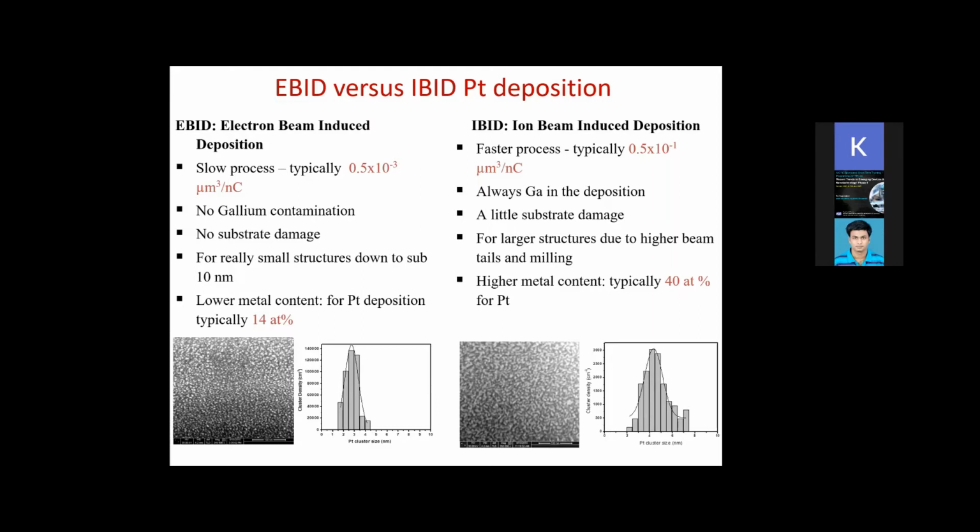Whereas we have also done electron beam induced deposition of the same platinum, and after doing EDAX we found that the percentage of platinum is only 15% and the rest is carbon. However, in the case of ion beam we are getting a gallium percentage of 2 to 3%. Obviously, no gallium was there in the case of electron beam deposition.